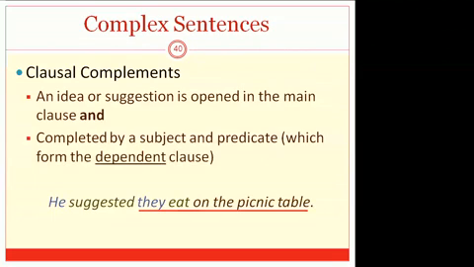They serves as the subject of the dependent clause. And the predicates are indicated in green, or the main verbs are indicated in green for you. Suggested is the main verb of the main clause, or the independent clause. Eat is the main verb of the dependent clause.